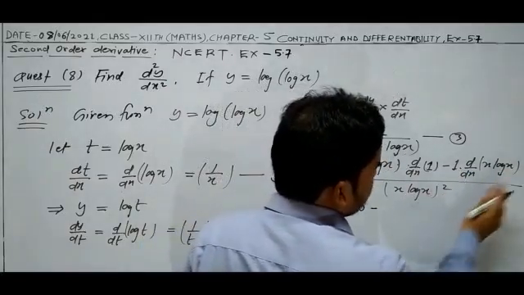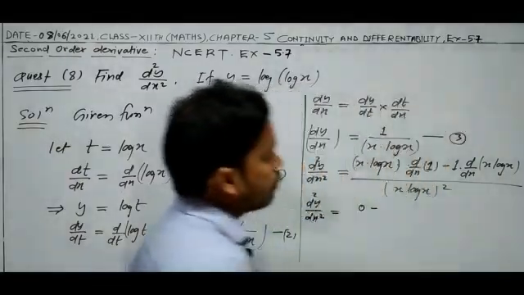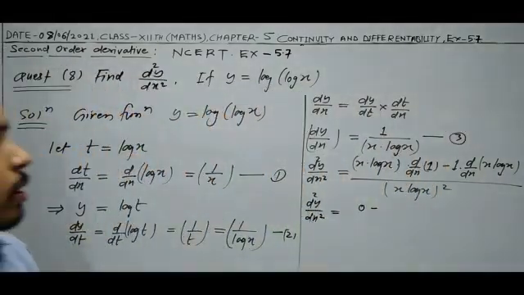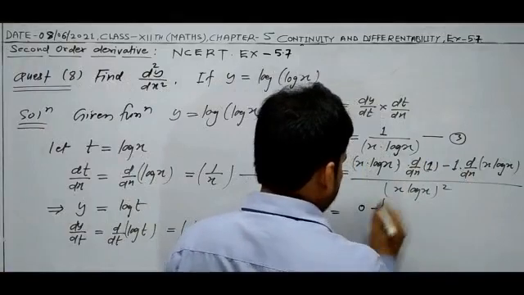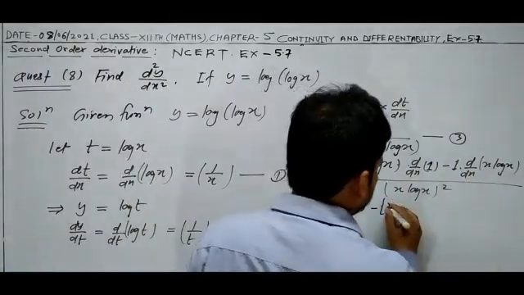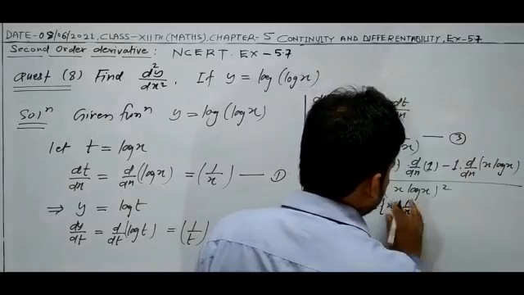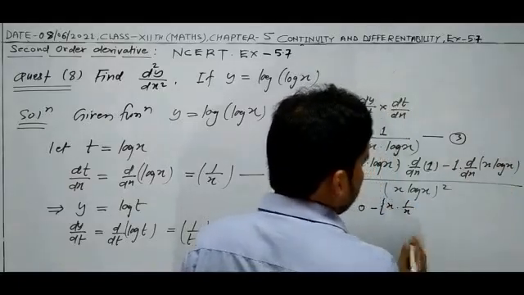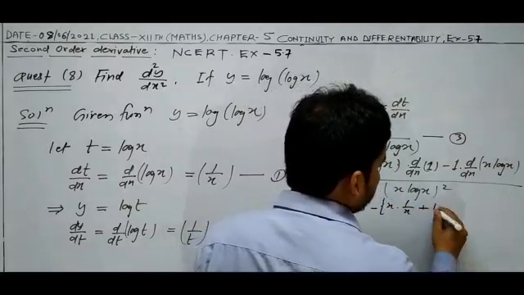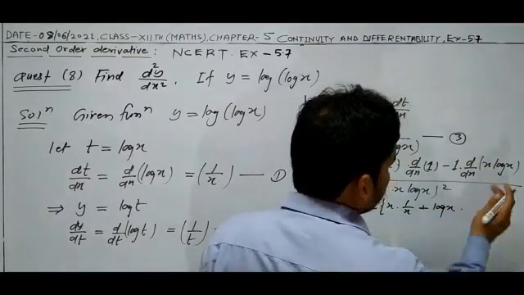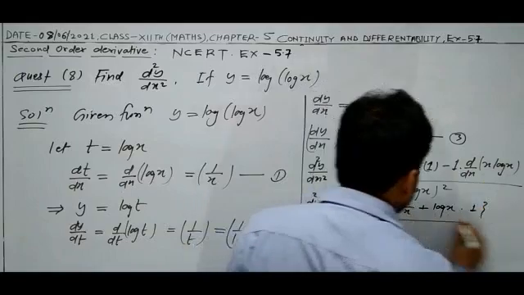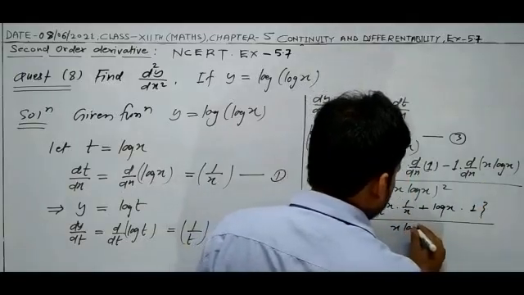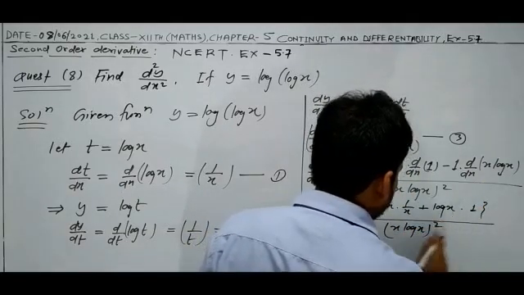which can be completed using the product rule. So minus, in curly brackets, first function times the derivative of the second function, you know log x differentiation is 1 by x, plus log x into the first function's differentiation, that is 1, whole upon x times log x whole square.